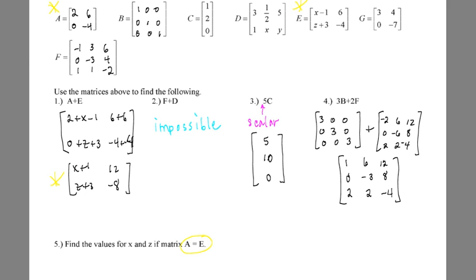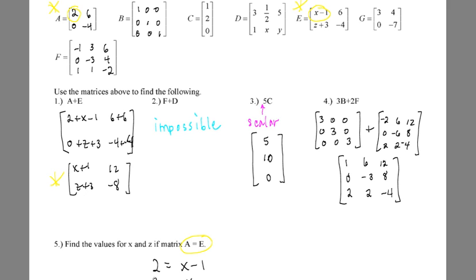And remember, on equality of matrices, two matrices are equal if corresponding entries are equal. That means what's in this position has to equal what's in that position. Well, that says that 2 must be equal to X minus 1. That's a real simple equation to solve for X. X is going to end up being 3.